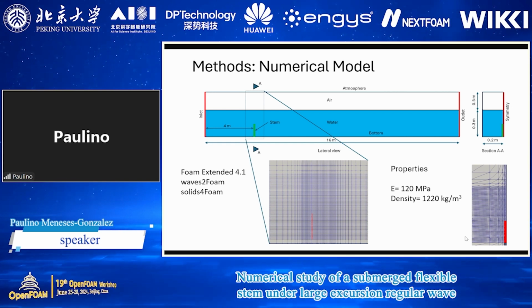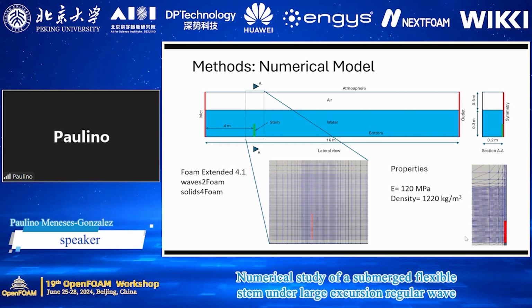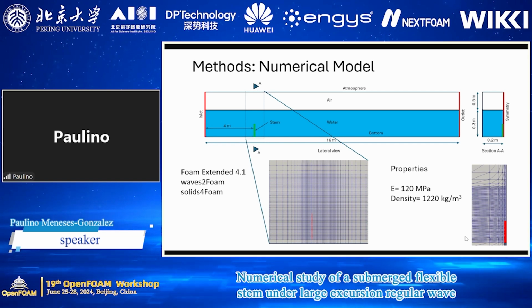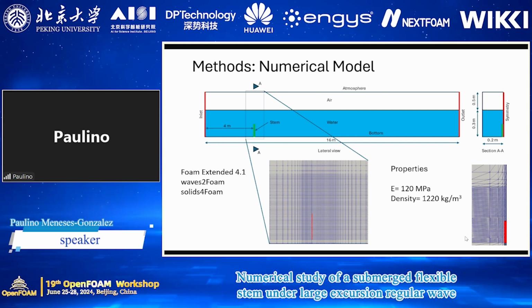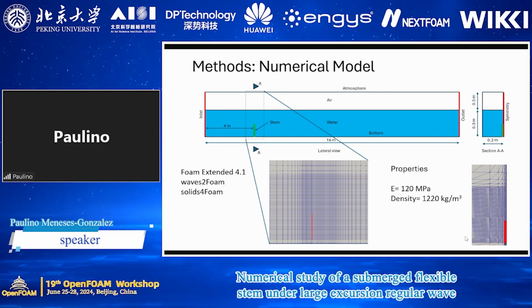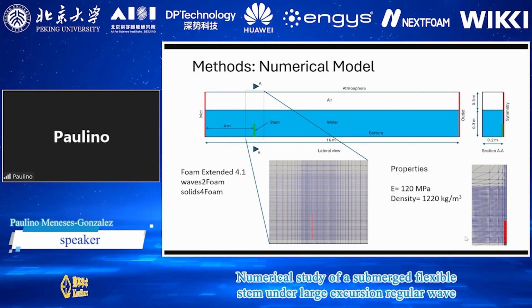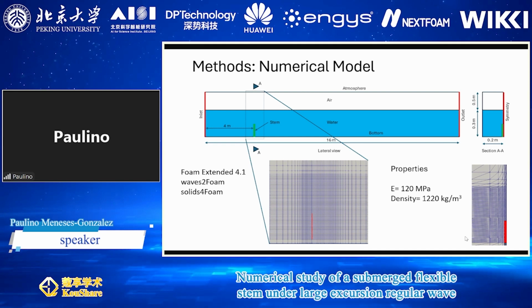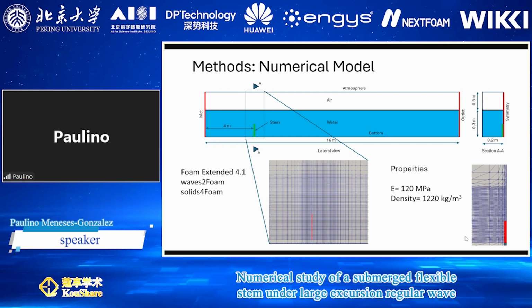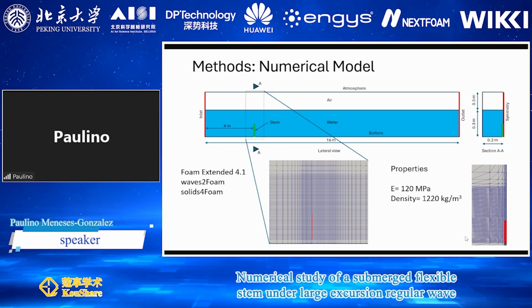To solve the wave problem, we used waves2Foam. You can see, for example, the mesh in the picture, because we simulate one by one. That means the numerical stem has 1.5 millimeters of thickness, and it's almost just one line in the picture.